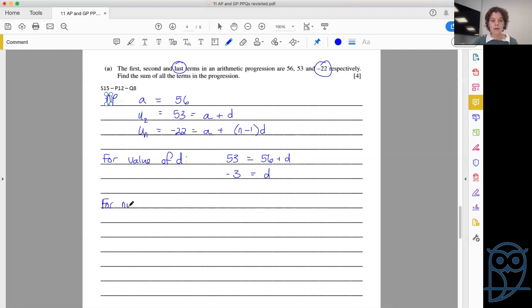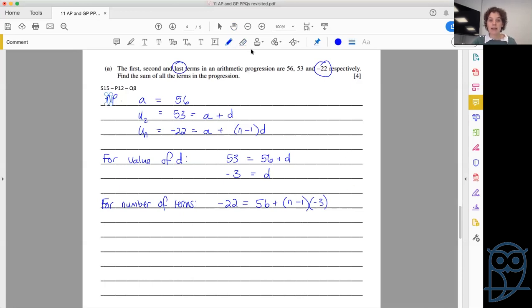So for the number of terms, we know that minus 22 is the value of our last term, and we would calculate it by A, 56, plus N we don't know, N minus 1 times D. Note the brackets. If you do not have the brackets, you are saying N minus 1 minus 3, which is N minus 4.